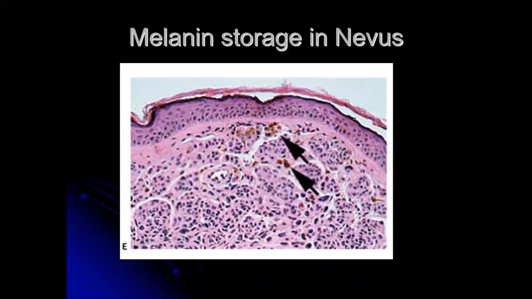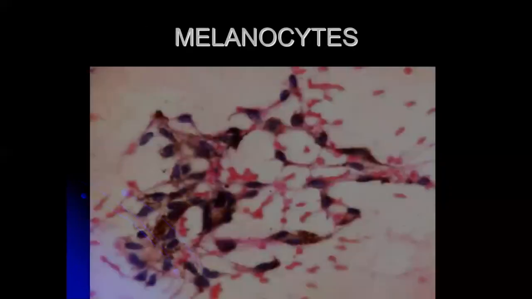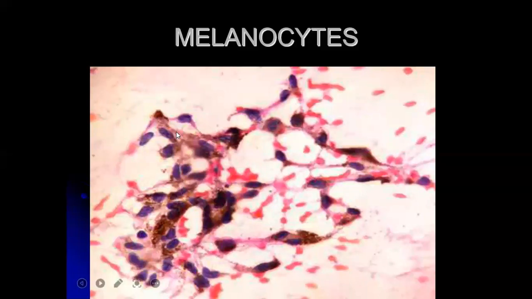Some ladies sometimes leave them on certain areas of the face as a special marker, but be careful, if they keep growing, they may become cancerous. And this is an example of how melanocytes look, and you note them because of this brown-black pigment.